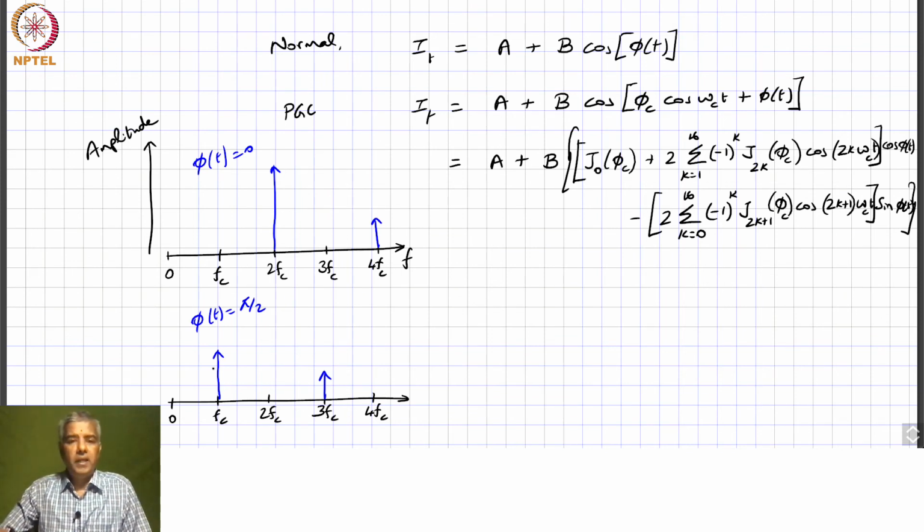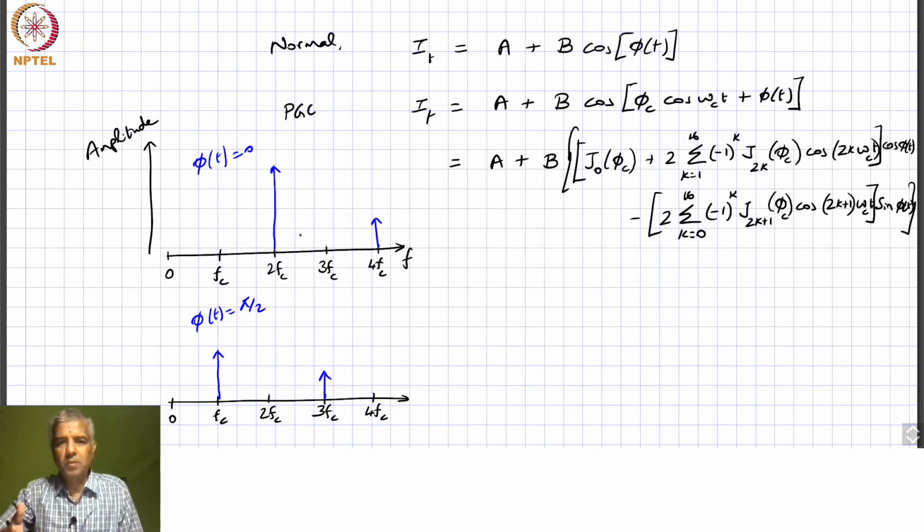So, by looking at the relative strengths of 2fc and fc components, how can you find the relative strengths of those components? The same thing that we did previously in lock-in detection. We know what fc is, so we can generate fc as well as 2fc, and so you can beat with those specific frequencies. Then that beat component is going to be dependent on the strength of these signals.